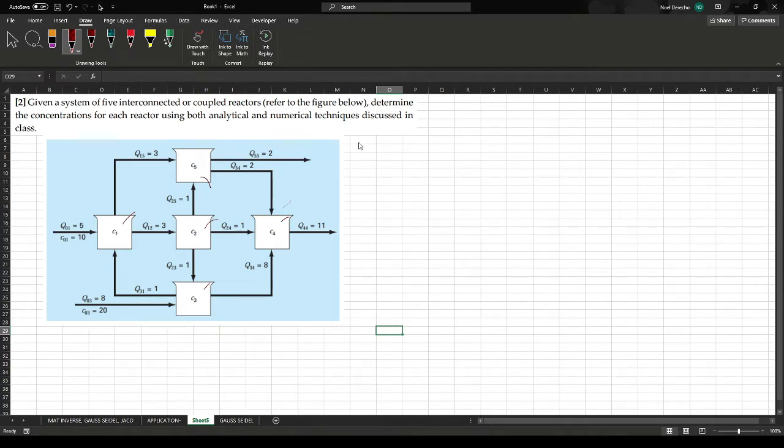So starting here with the given, we have to split up the reactors. So free body diagram. So we could clearly look at it.